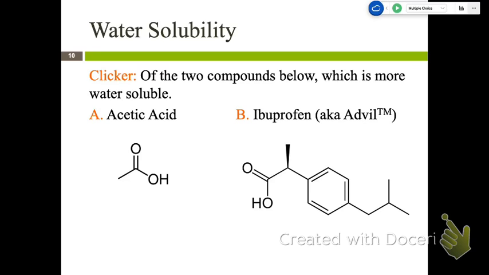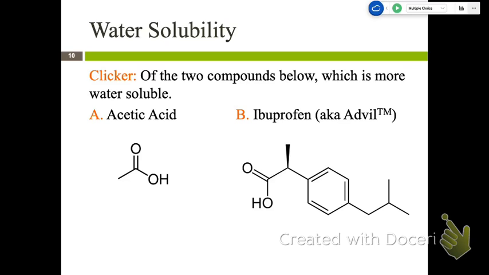The ibuprofen has the same bonds as the acetic acid, but also a whole bunch more of the carbons and hydrogens. Okay, so when you say ibuprofen has the same bonds as acetic acid, how do we classify those bonds? It has the same molecule in there. Okay, as part of it, right?